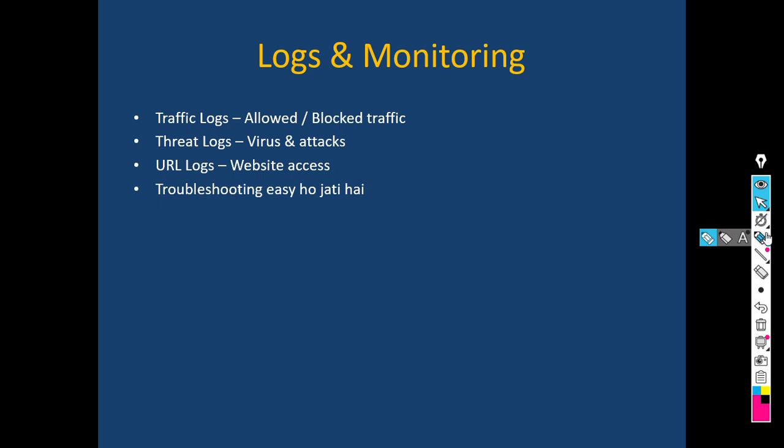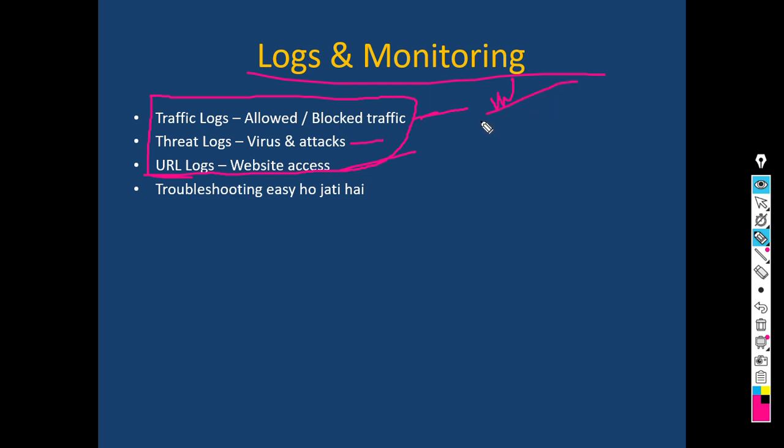So logs and monitoring again. We have better visibility in a next generation firewall. We can check all the logs: traffic logs, threat logs, URL filtering logs. This basically gives you complete visibility of what is happening in your infrastructure. If something is getting allowed, we can see which policy it is hitting, and by which policy this traffic is getting allowed.